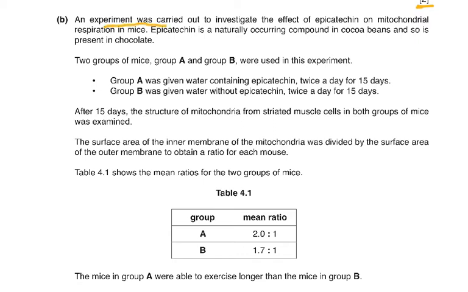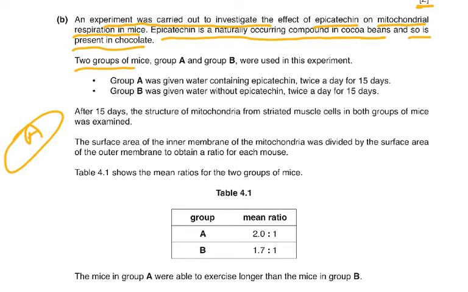An experiment was carried out to investigate the effect of epicatechin on mitochondrial respiration in mice. Epicatechin is a naturally occurring compound in cocoa beans and so is present in chocolate. 2 groups of mice, group A and group B, were used in the experiment.